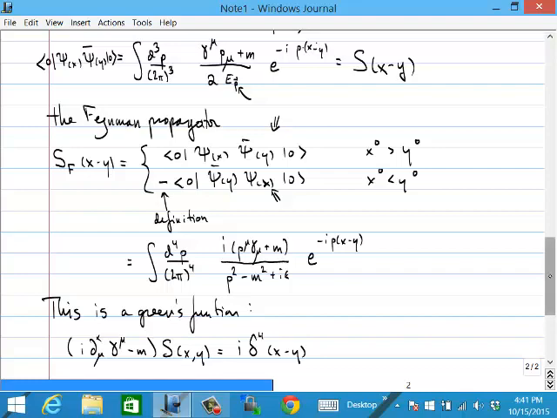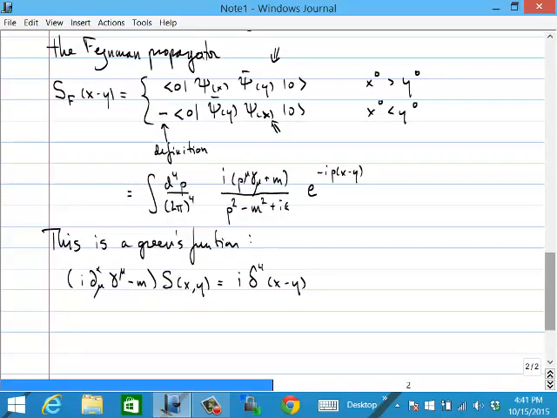Indeed, that's actually pretty easy to show. So to check that this is true, let's just imagine acting with this Dirac operator on the Feynman propagator. Well, every d by dx here just brings down a factor of p.